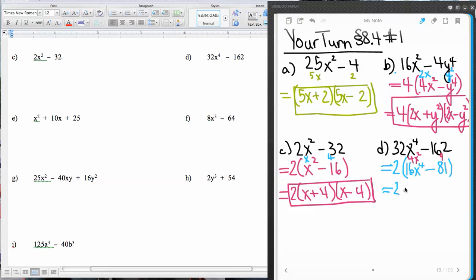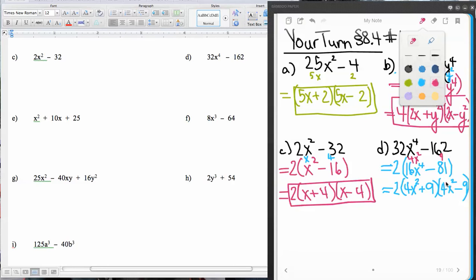So now I can form my conjugates. So I have 2 times 4x squared plus 9, and then I have my 4x squared minus 9. But this one is one that we don't want to get too jumpy on, because look, that 4x squared minus 9, that's actually the difference of two perfect squares again.